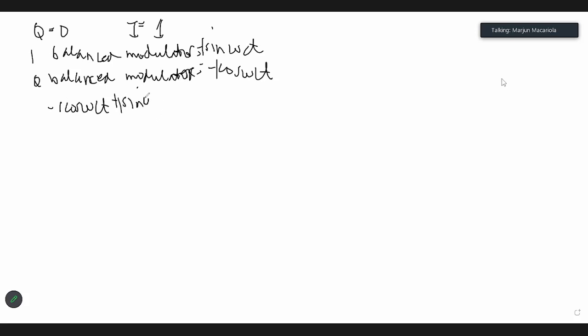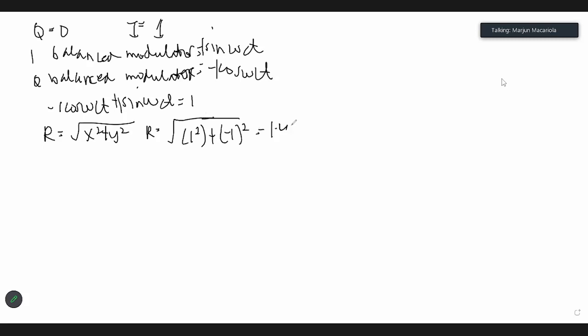1 sine omega ct is equal to, again, kunin natin yung r, square root ng x squared plus y squared. R is equal to 1 squared plus negative 1 squared, which is again equal to 1.414.